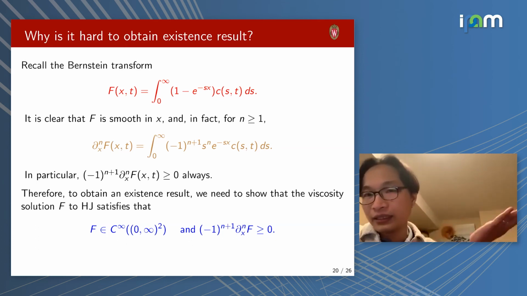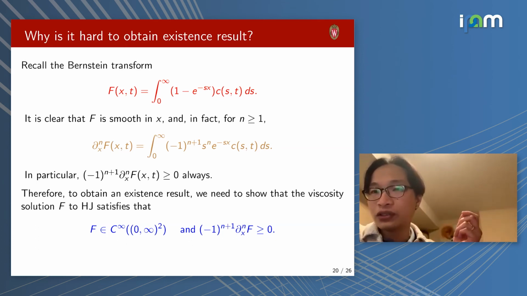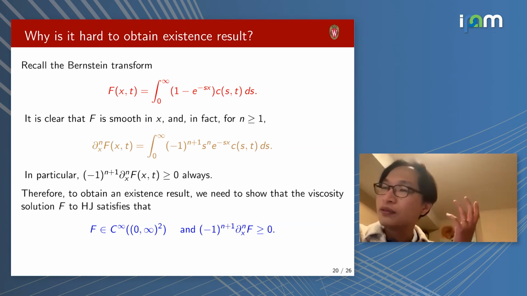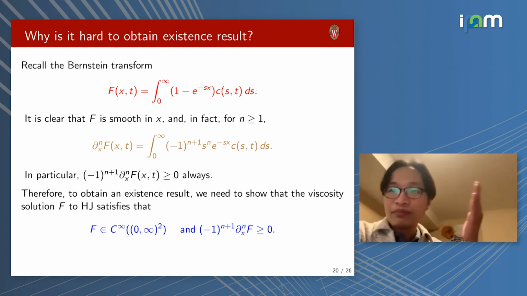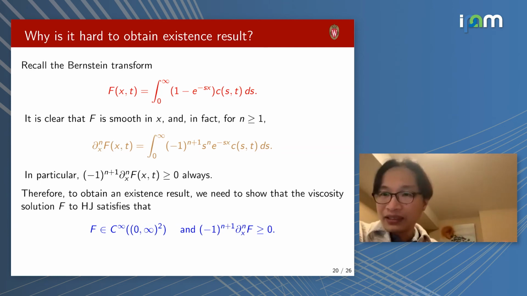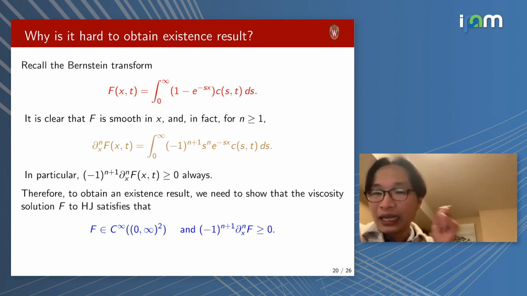In the literature, people call this sort of thing, suddenly I forgot the name, monotone functions. Never mind. I need to show that f is positive, f prime is negative, and f double prime is positive, for example. So I take it back: I have to show that f is positive, f prime is positive, f double prime is negative, and so on and so forth.